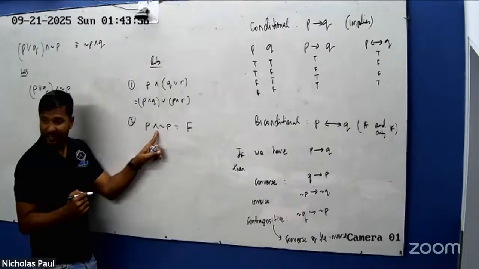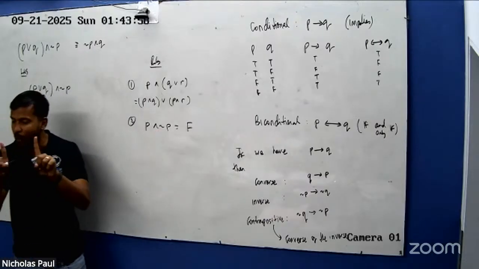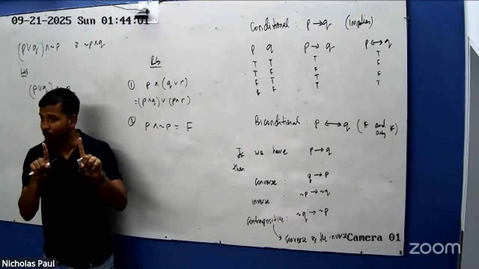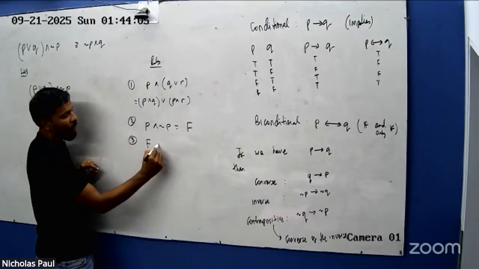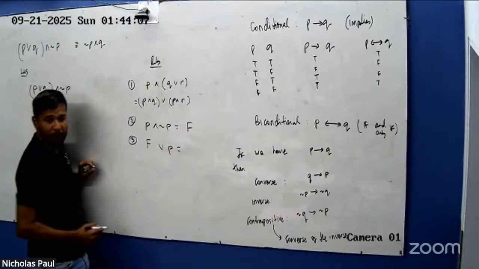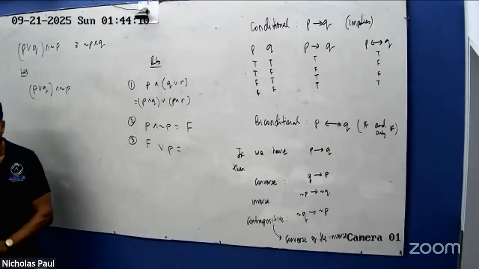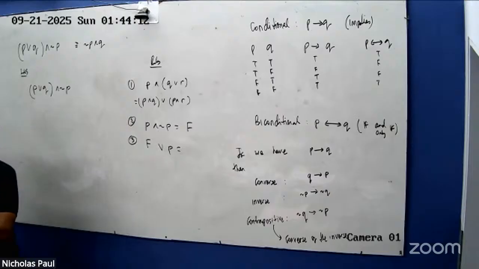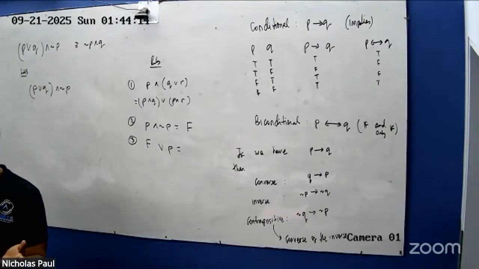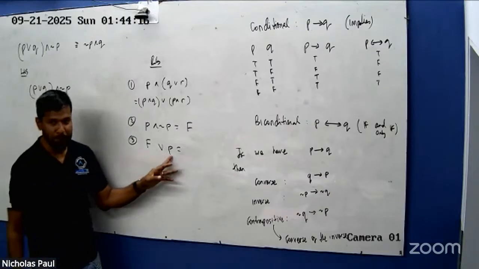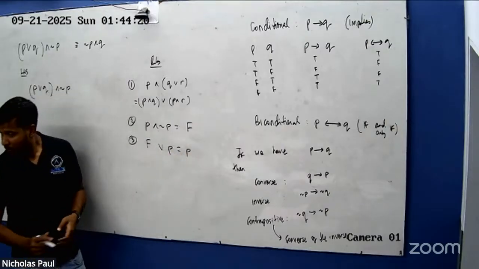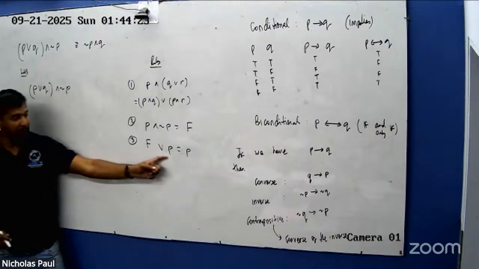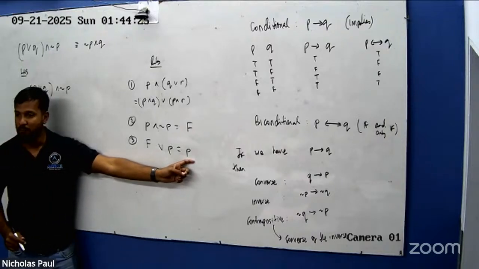It's an AND gate, and if the two inputs are opposite, it's always false. And then one more law. What is false or anything? True, sorry, not true. P. False or P is always dependent on P. Everybody clear with that?